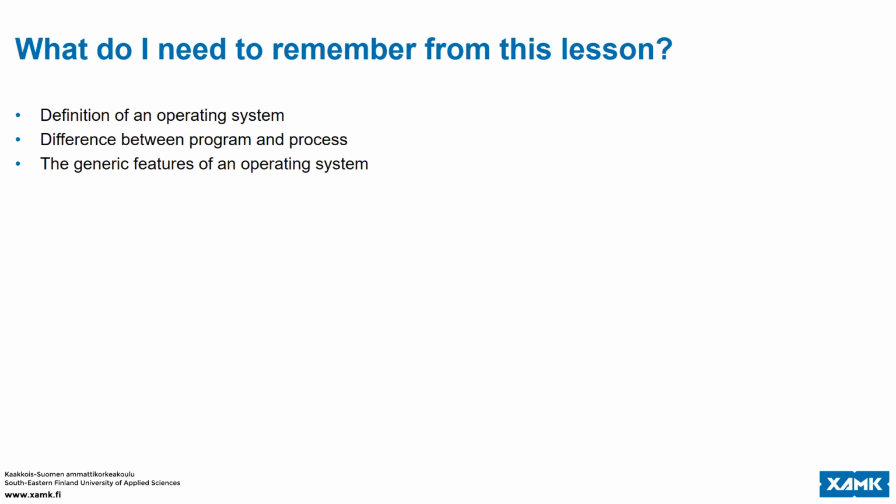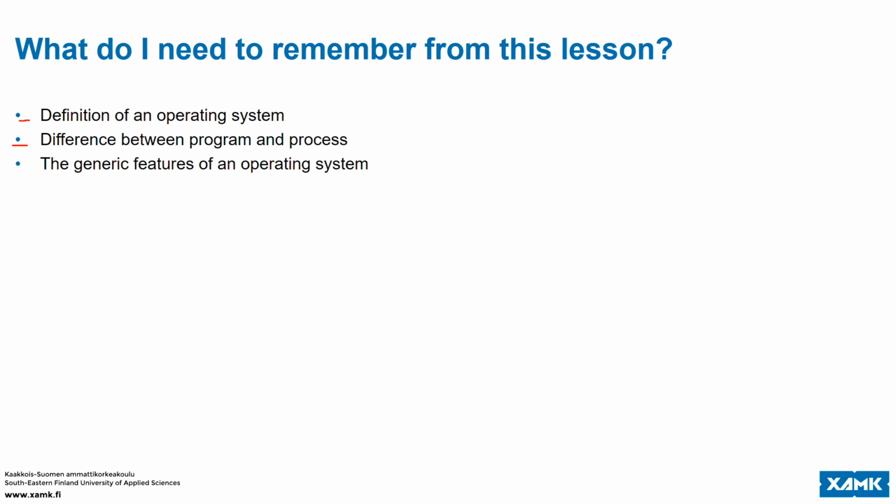For now, what do you need to remember from this lecture? We covered basically three main topics today. First of all, the definition of what an operating system is, or at least what it does in terms of those main tasks. We also covered some terminology for processes, threads, and that sort of thing.